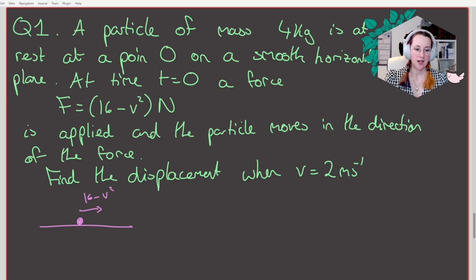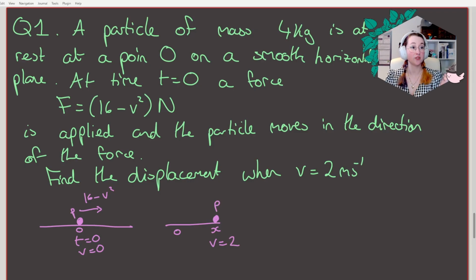At t equals 0, v equals 0. Then we're told to find x, the position of the particle, when v is now 2.